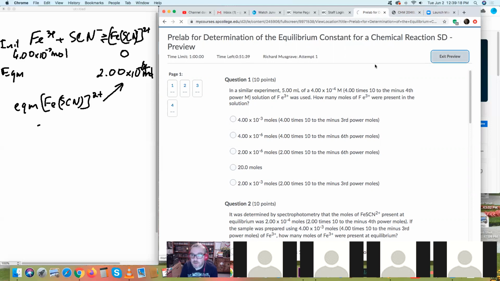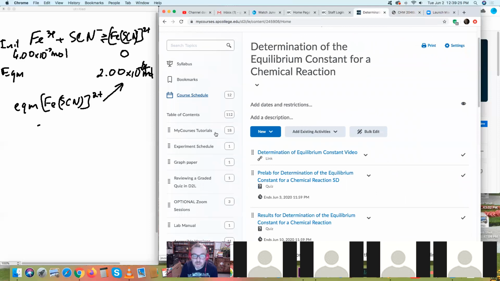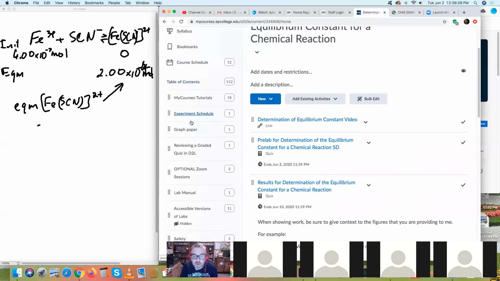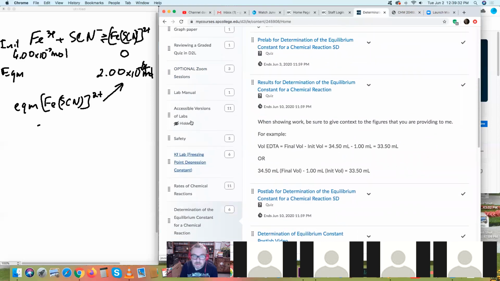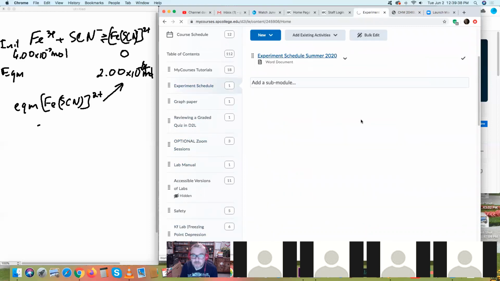Okay, that's pretty much all I wanted to show you. Rebecca, I'll point out this experiment schedule thing here, and I'll show you. Yeah, it's annoying. I'm sorry that they're not in the same order. I kind of wish they were, but the words are extraordinarily similar. I know. One says equilibrium and one says equilibrium constant.